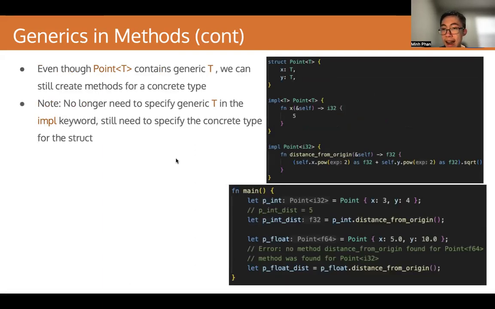Well, as it turns out, we can also have impl blocks for concrete types. So here in the example on top, we have an impl block for the struct type, but with the concrete type i32 instead of a generic T. And then here we basically just calculate the distance from origin of the point.